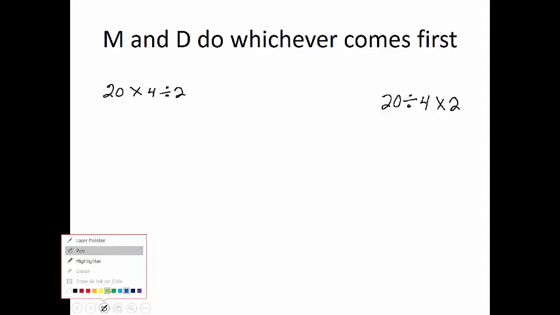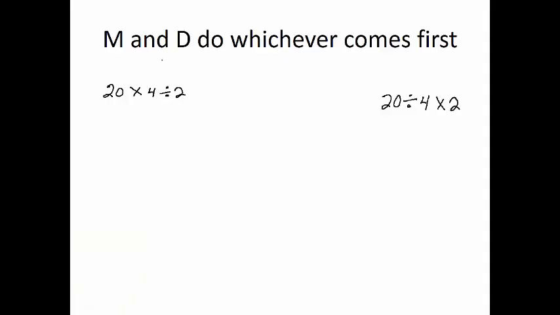Alright, so let's talk about this one again. For multiplication and division, we're going to do whichever comes first. So here, 20 times 4 is 80. 80 divided by 2 is 40. What if we did this one first for this one? 4 divided by 2 is 2, and 20 times 2 is still 40, so that would have been fine.